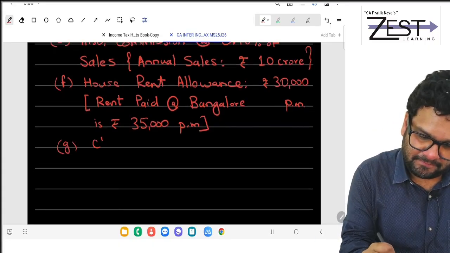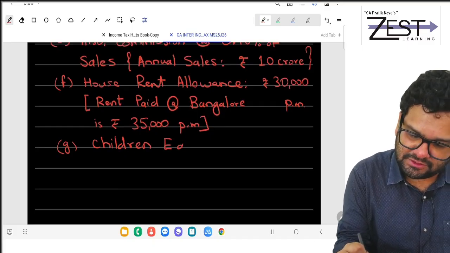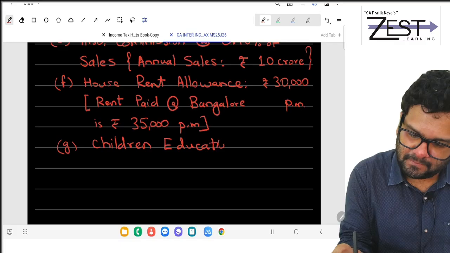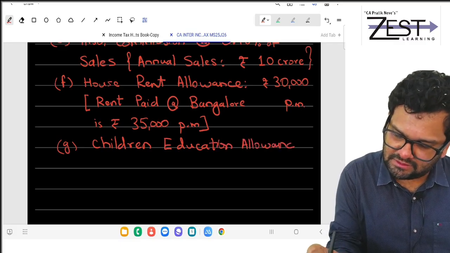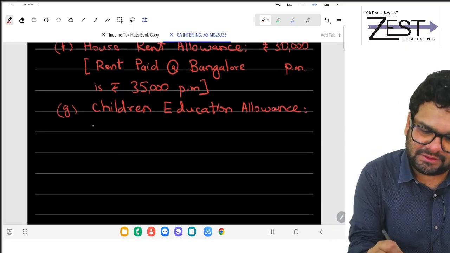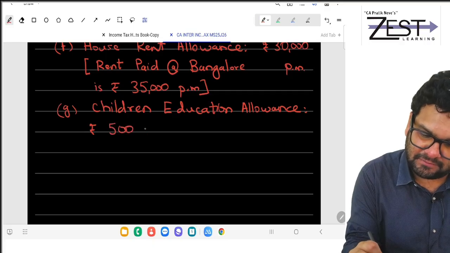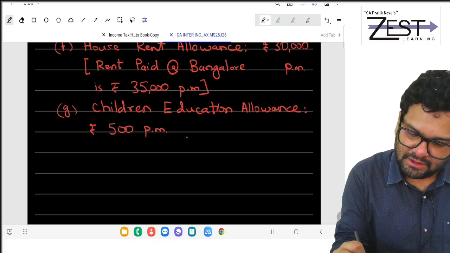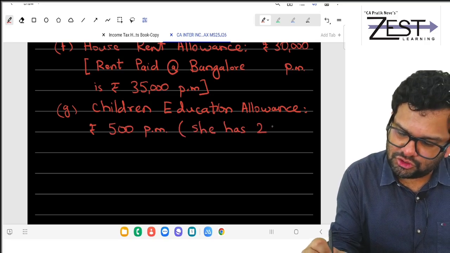Next, children education allowance is say rupees 500 per month. She has two children.